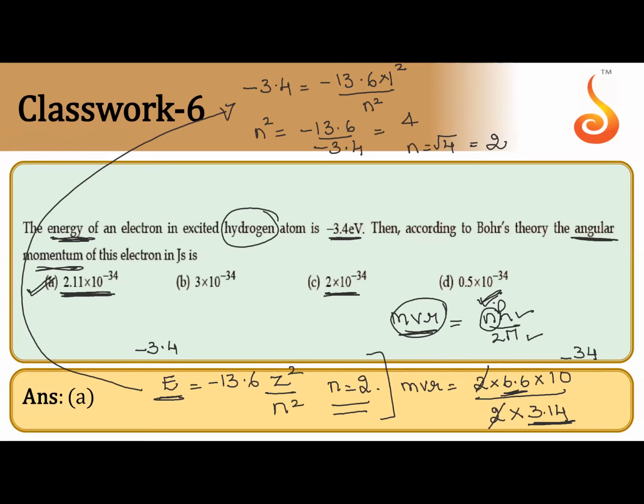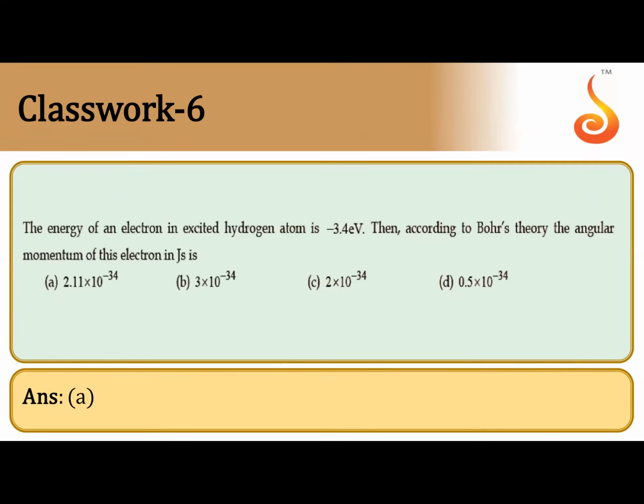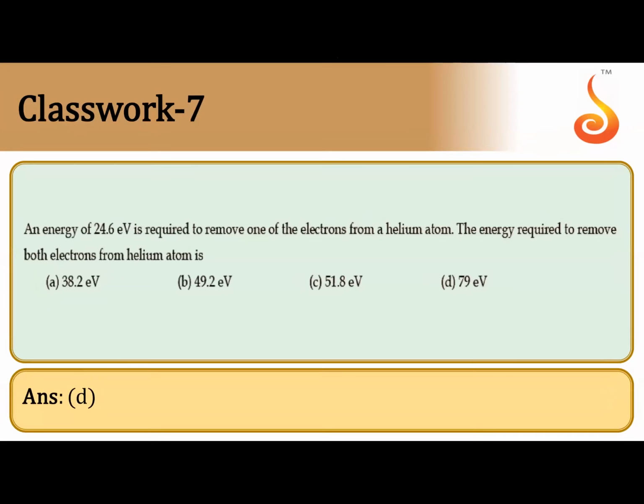Next question, question number 7. Energy of 24.6 electron volt is required to remove 1 electron from a helium atom. Find the energy required to remove both electrons from the helium atom.